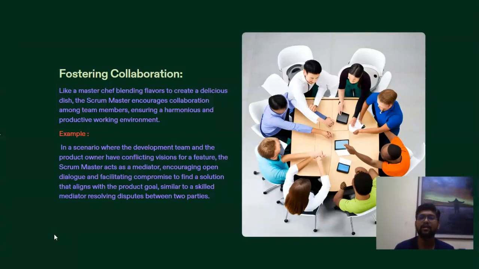So this is one kind of collaboration example. Also, if any issues or impediments are coming, you require to collaborate with multiple teams. You schedule a few calls with multiple teams and act accordingly. So this is another role and responsibility for the Scrum Master.